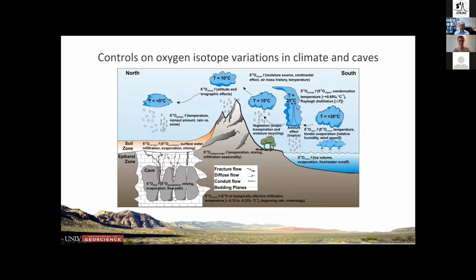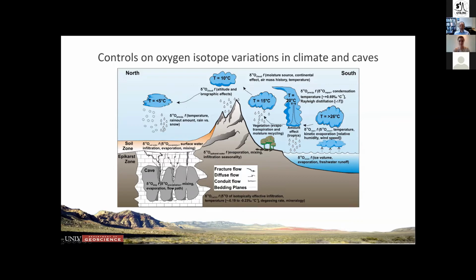And then as that air mass evolves, as it transfers onto land, temperatures drop, it might rise over mountains, et cetera. There might be recycling of moisture back into the atmosphere. And then finally, you get to this air mass that might snow or rain out onto a soil zone. And then from that soil zone, that water will make it into the cave until finally we end up with a speleothem here.